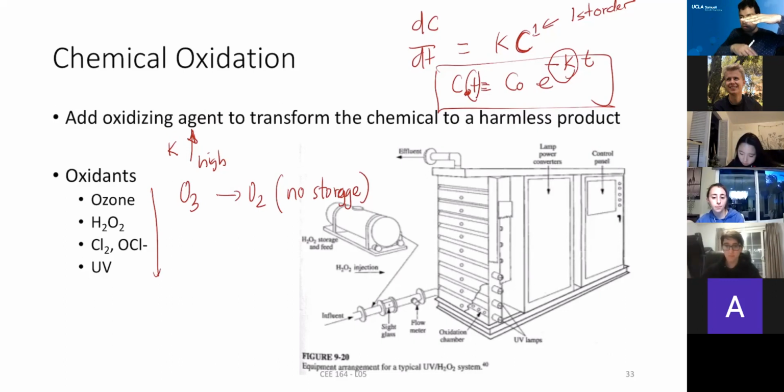As you go farther from the light, the intensity decreases by power functions. Even within about 3 centimeters from the lamp, the UV intensity is a lot lower, and it also decays much faster by reacting with water and other constituents. So it's not very effective unless you have a real good contact time.